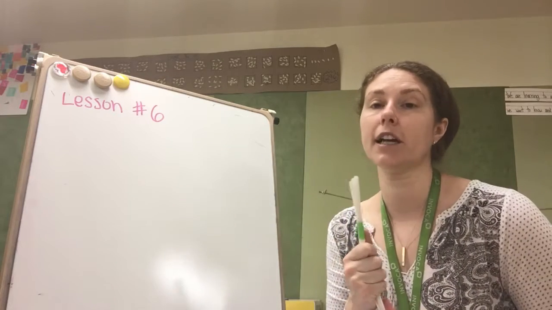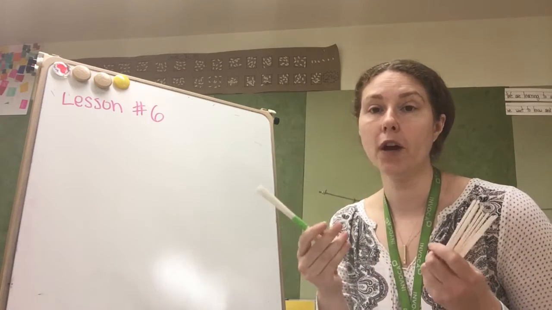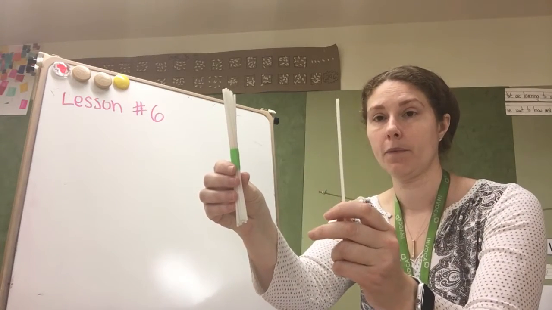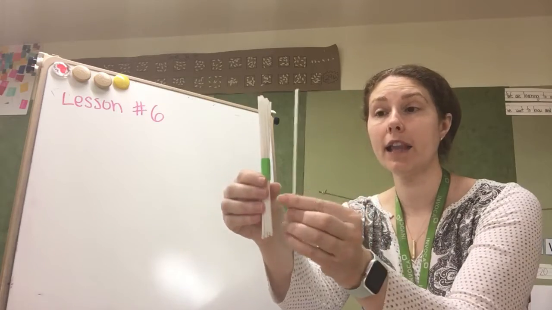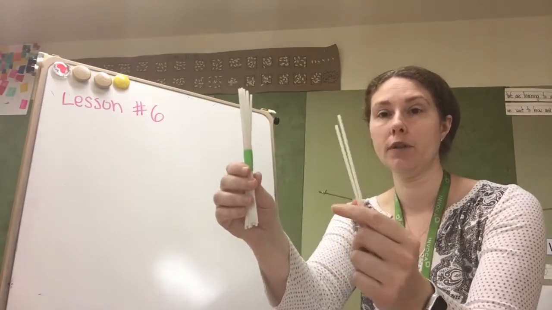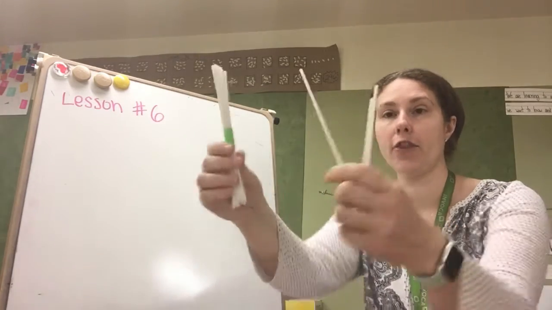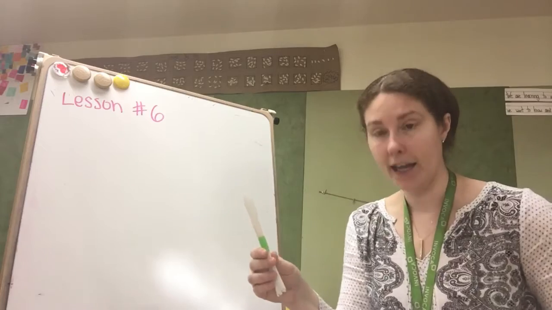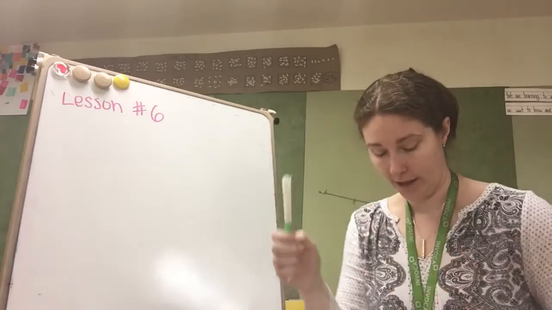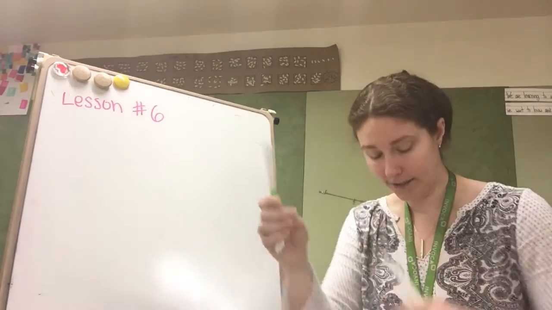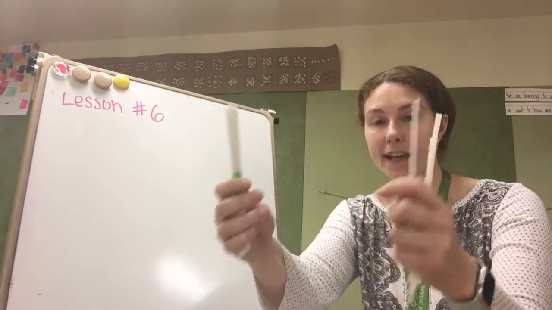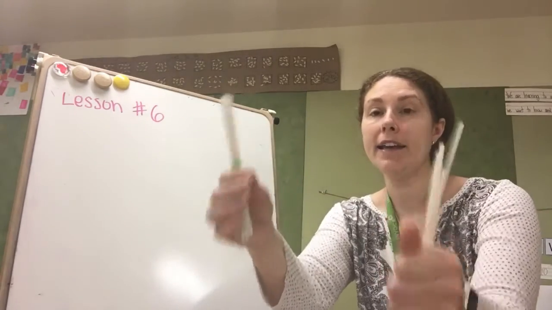So let's just practice our say 10 counting with straws as a clue. So 10, 1. What's 10, 1? 11. So 10 and 1 make 11. 10, 2, 12. 10, 3, 13. 10, 4, 14. 10, 5, 15. 10, 6, 16. 10, 7, 17. 10, 8, 18. 10, 9, 19.